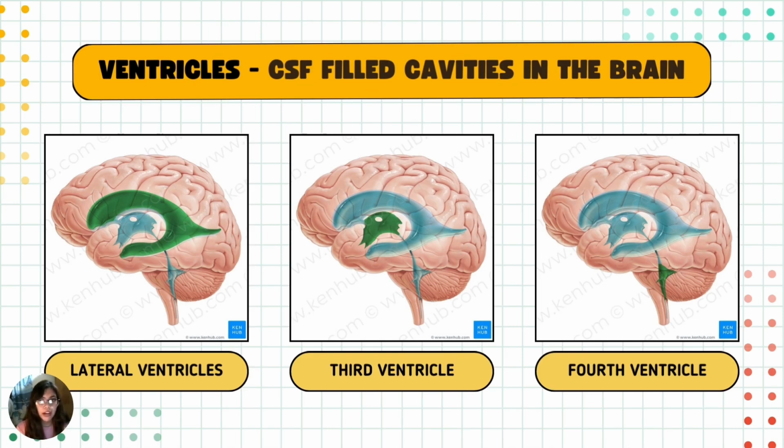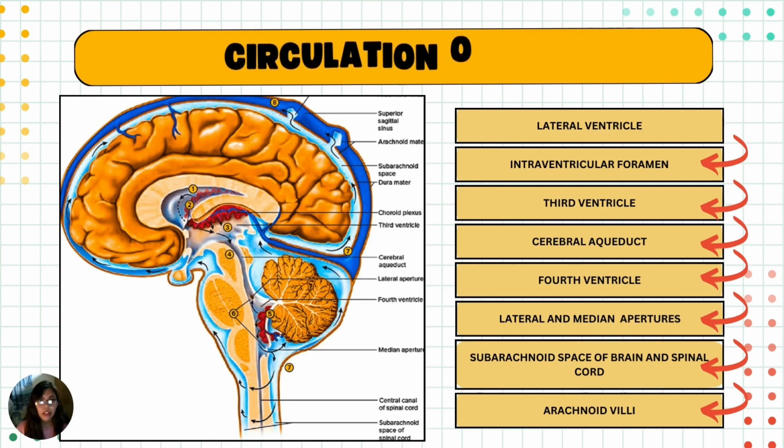And lastly, we have the fourth ventricle, which is located between the brainstem, specifically the pons and the medulla oblongata, and the cerebellum. The third ventricle connects to the fourth ventricle via the cerebral aqueduct. So we are now familiar with the ventricles of the brain. We can now move on to the circulation of CSF.